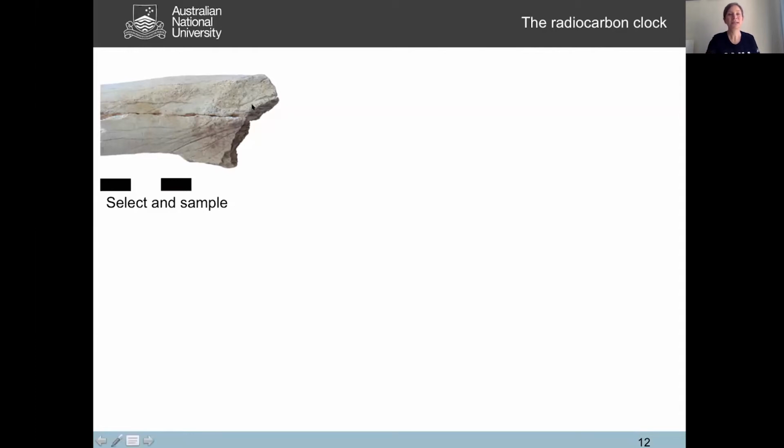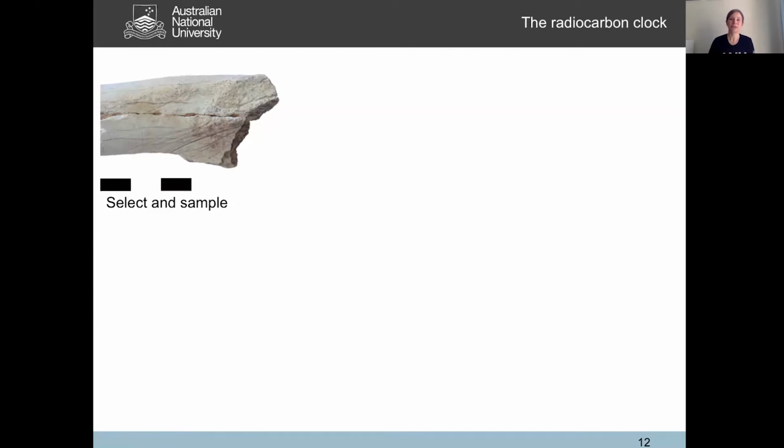So this bone here is one that I dated in my PhD, and I think it's actually of a red deer, and you can see these marks across here. These diagonal marks were made by a stone tool in the process of butchering the animal.